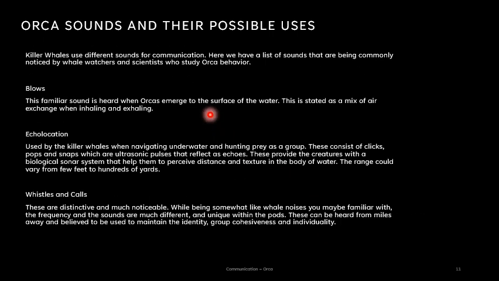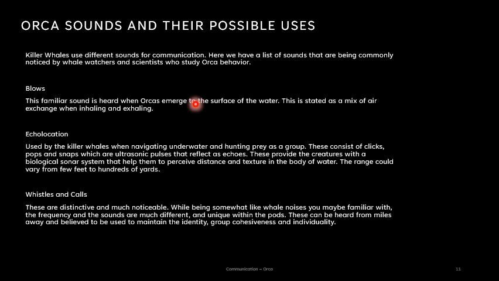Killer whale sounds seem to include a few different general noises that they make for different tasks. When they emerge to the surface of the water, they blow water in a certain way that makes a noise, and this is a mix of inhaling and exhaling.